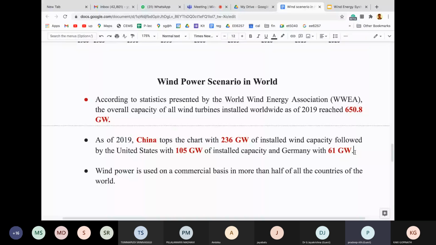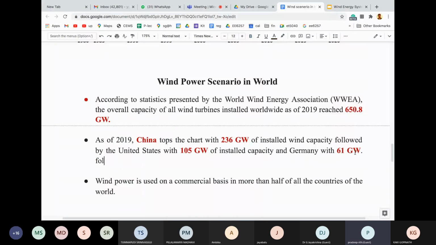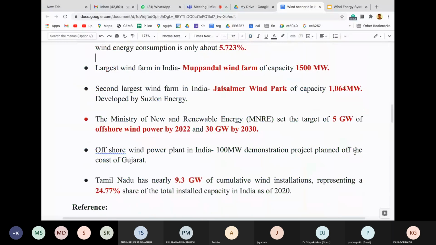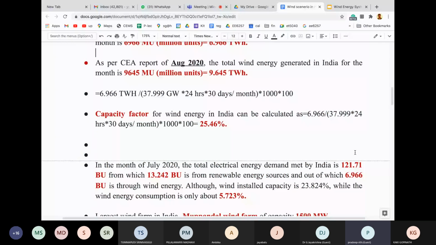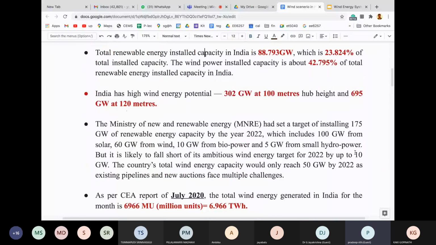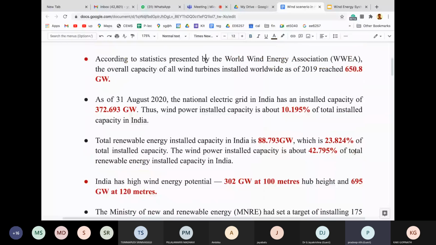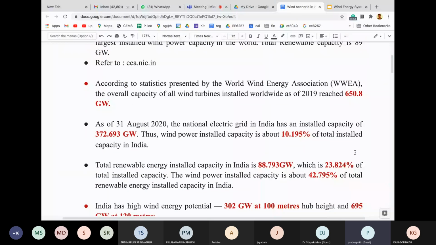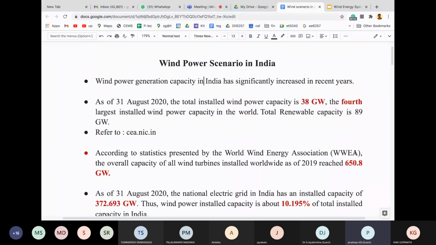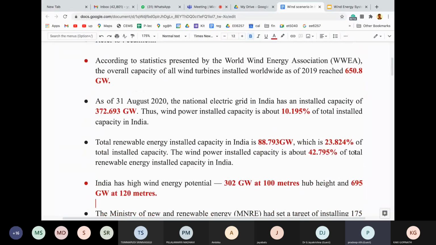Do you remember? Here I'll mention. India is the fourth, I think about 39, right? 38 or 39. These are statistics you should remember, so that you get a general sense of how it is going. So 38 gigawatt. In fact, by now it is 39 gigawatt.